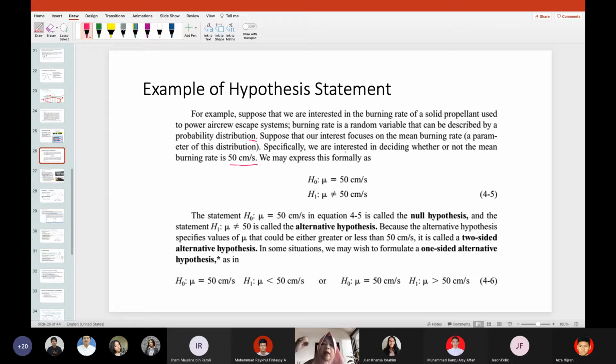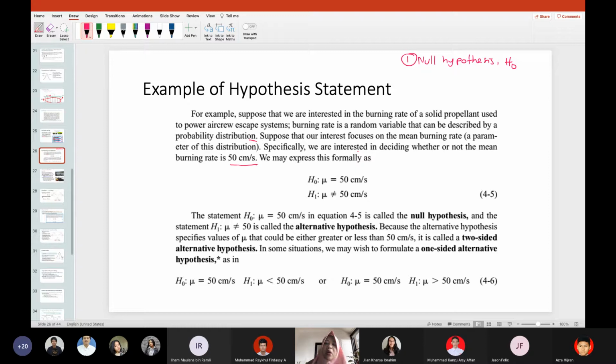So, the procedure: we have a null hypothesis, or H0, null. The H0 is the mathematical formulation, kalimat matematika, which contains similarity, kalimat matematika yang mengandung persamaan.